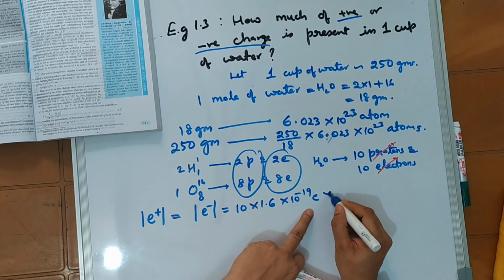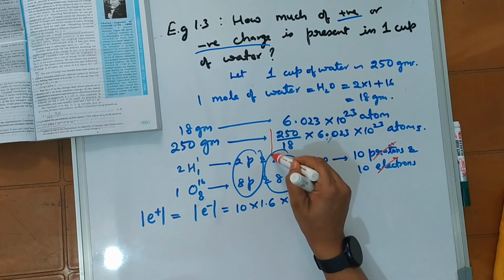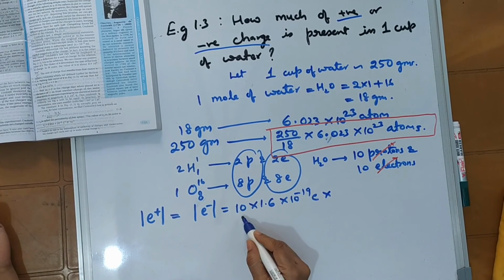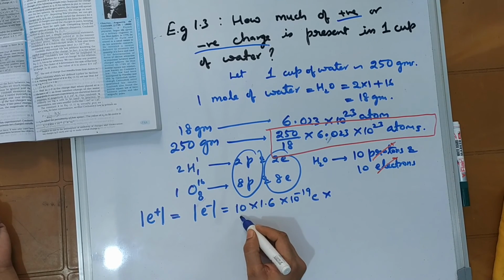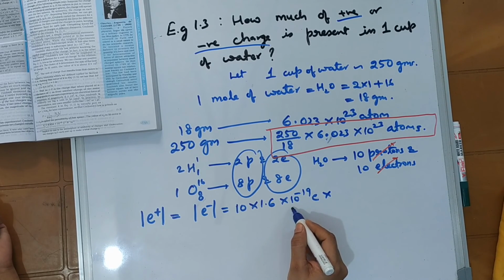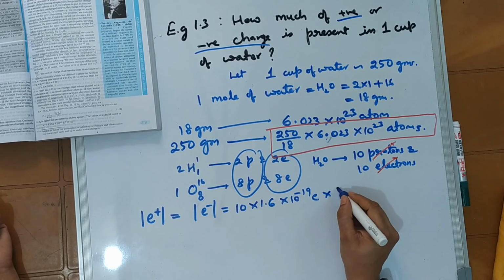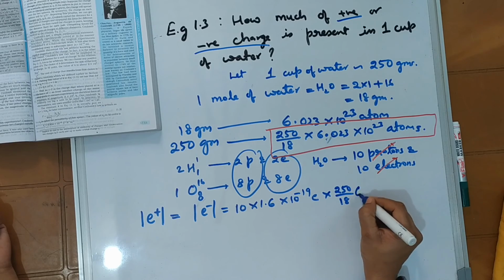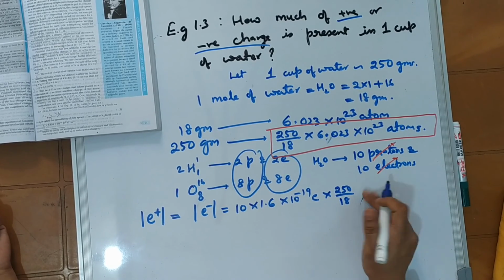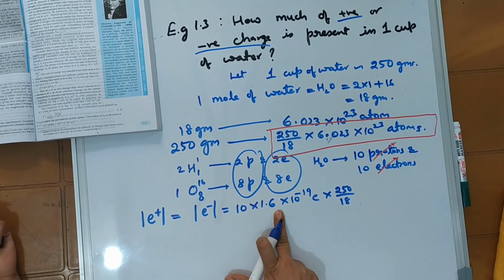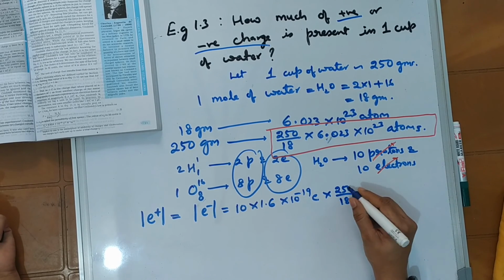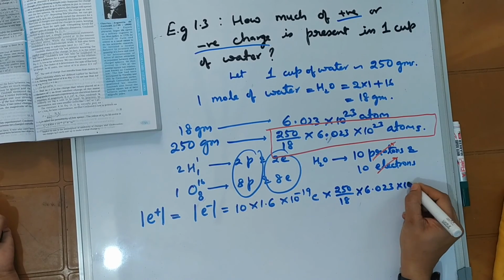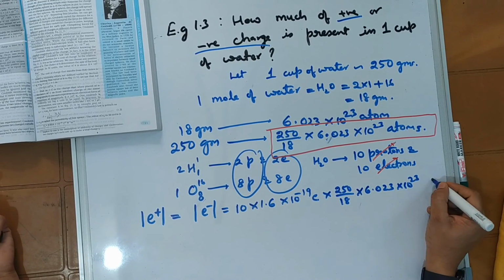We are talking about 1 cup of water, which has this many molecules. Because charge is quantized, the charge is Ne: 10 into the charge on 1 electron or proton into 250 by 18 times 6.023 into 10 to the power 23 coulombs.